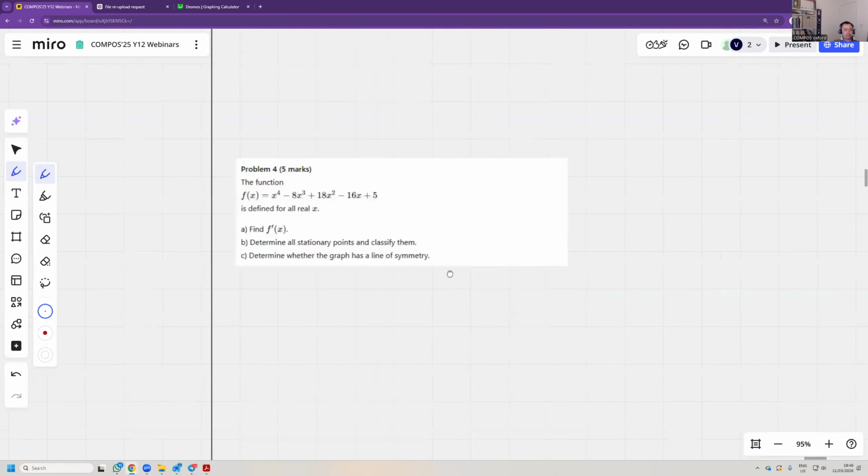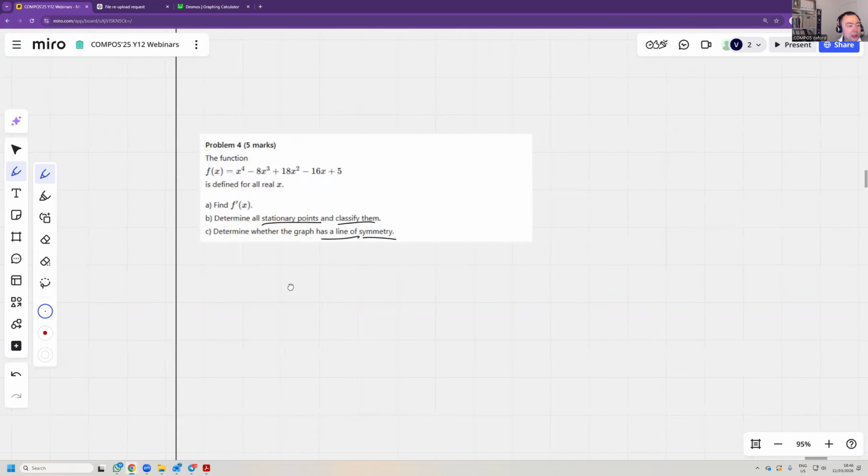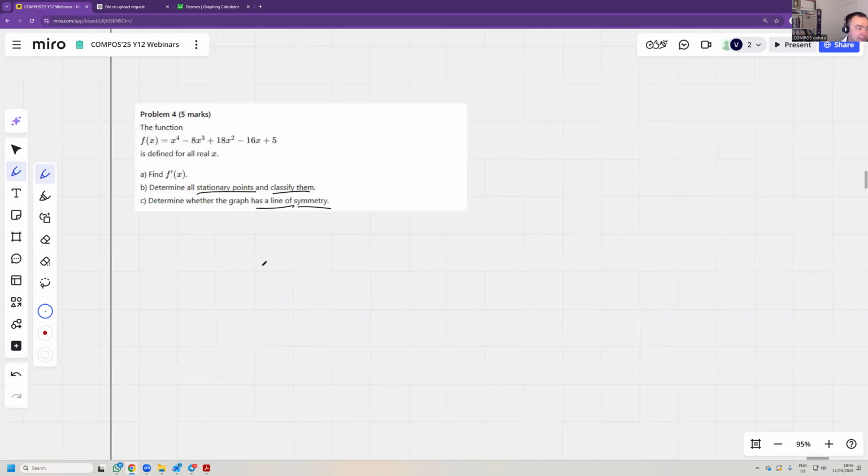Okay, moving on. The function is defined for all real x's. Find the derivative. Determine the stationary points and classify them. Here, determine whether the graph has a line of symmetry. Well, let's see.